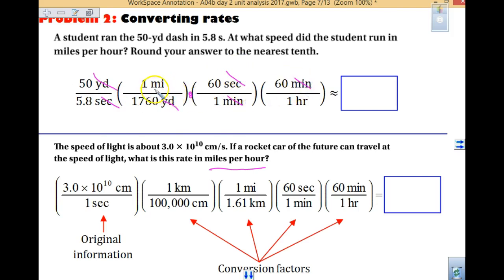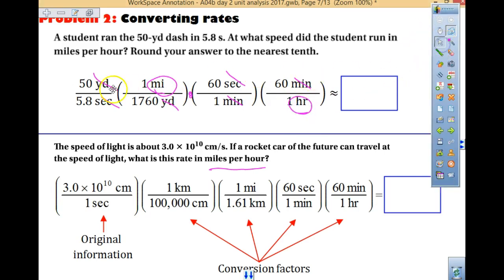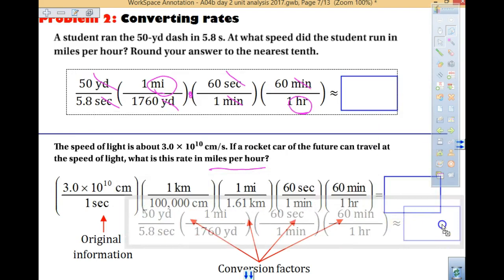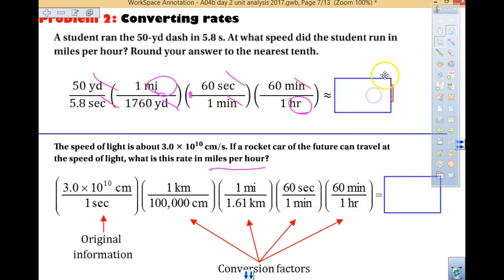So my answer is left with the units miles and hours. And if you don't leave all of that and do 50 times 60 times 60, divided by 5.8 times 1,760 to get your answer here, that is the work that I need to see when we are looking at this.